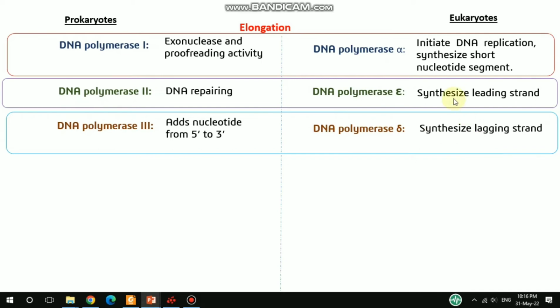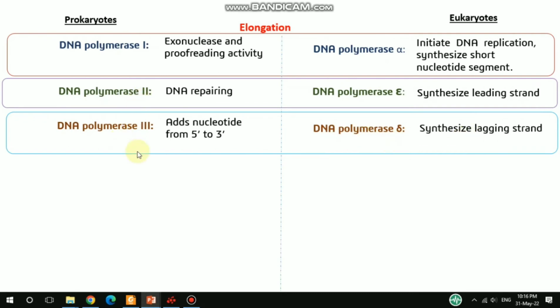As you see here, all of these DNA polymerases can add nucleotides, but for the eukaryotic system, the leading strand and lagging strand have dedicated DNA polymerases. For the leading strand it has DNA polymerase epsilon, and for the lagging strand it has DNA polymerase delta.